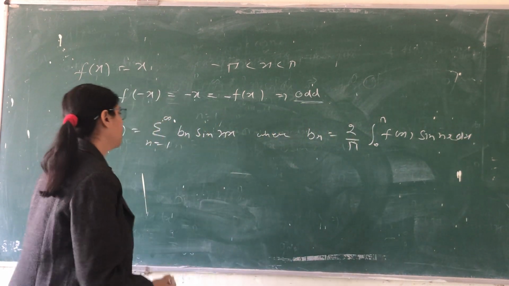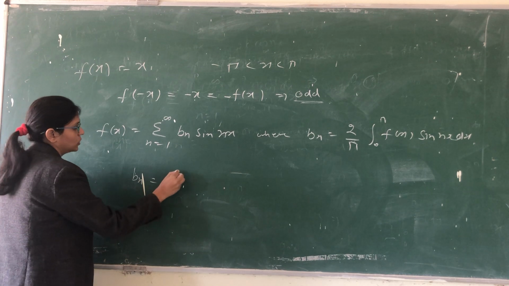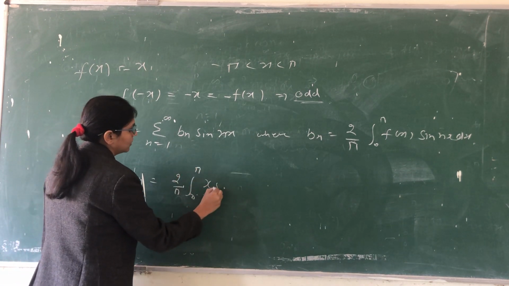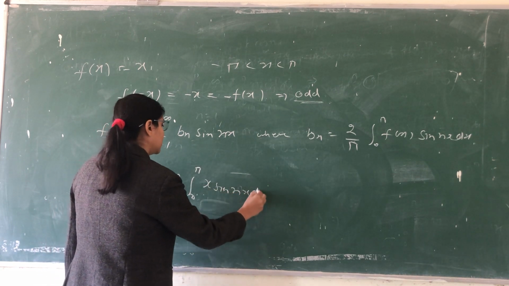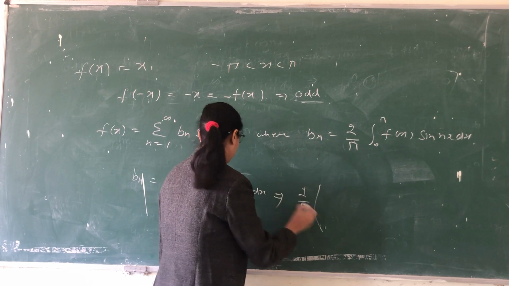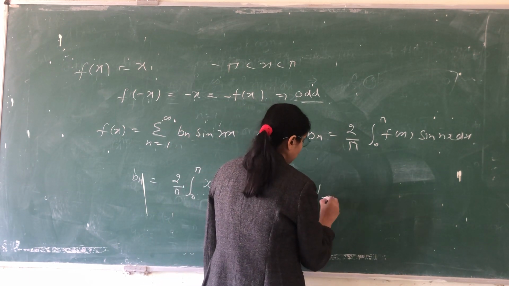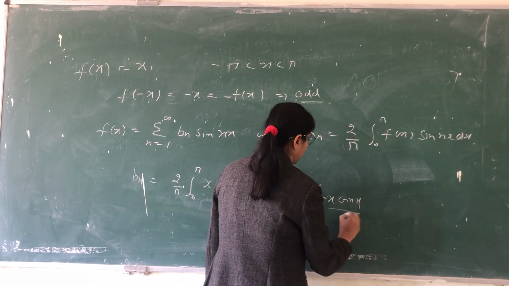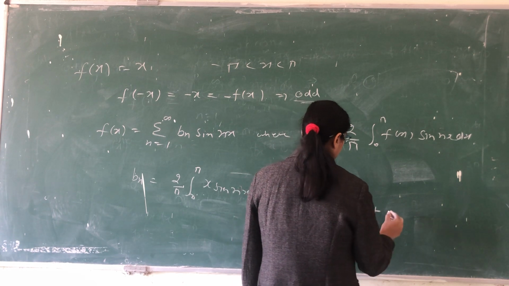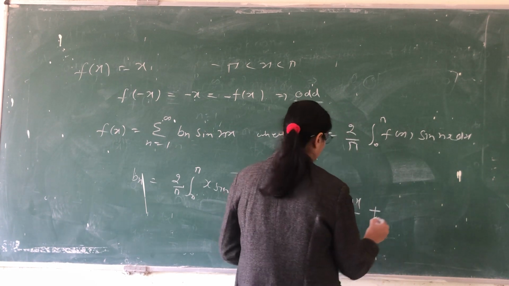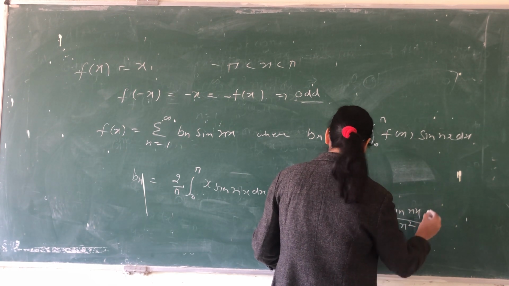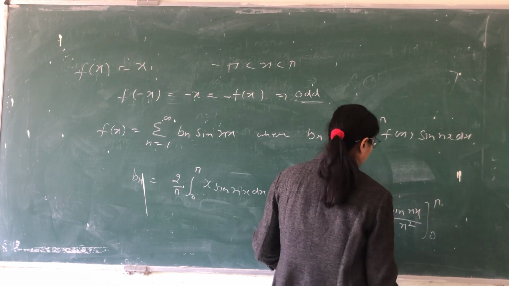Now we will find the value of bn. bn equals 2 upon pi integral 0 to pi x sin of nx dx. Integrating it by parts, 2 upon pi times [x times minus cos of nx over n plus sin of nx over n square] from 0 to pi.